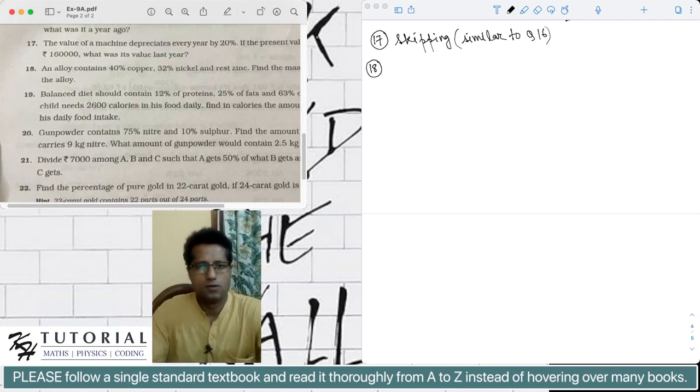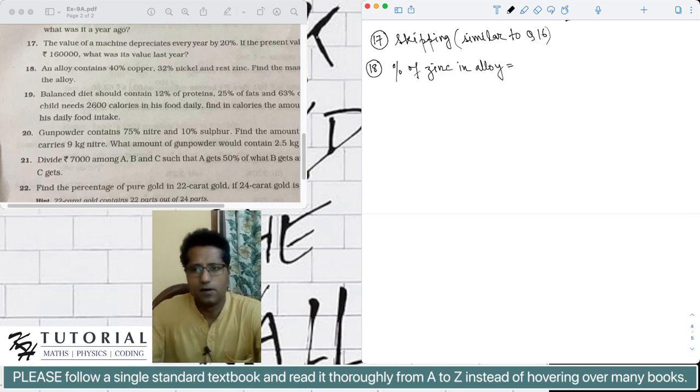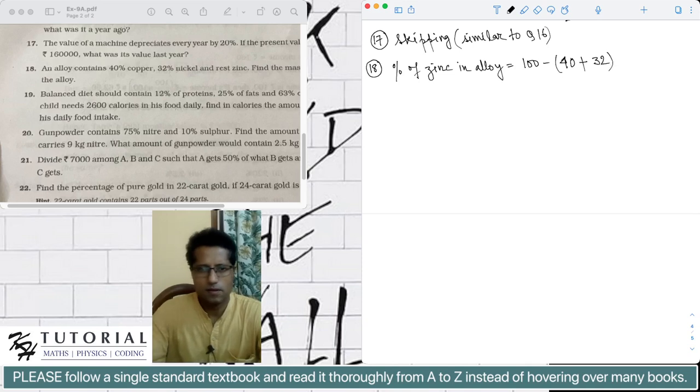the percentage of zinc in alloy is equal to 100 minus 40 plus 32, because the alloy must be made up of copper, nickel, and zinc, and 40% is copper, 32% is nickel, so the rest must be zinc.